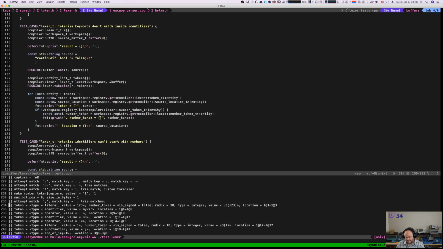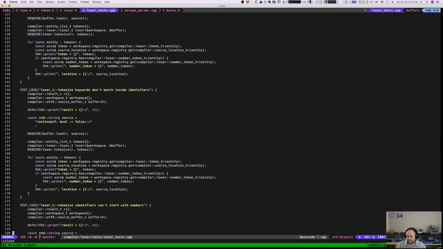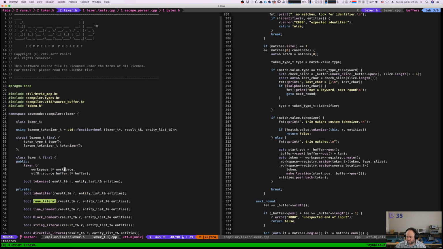Ah, yeah, this is the same thing. So it's actually not like numbers are the same issue. It's actually kind of the same exact thing.